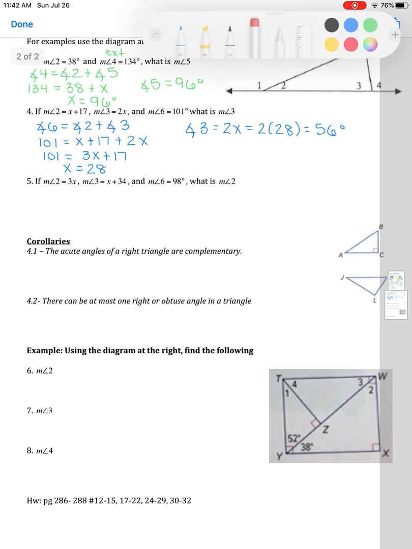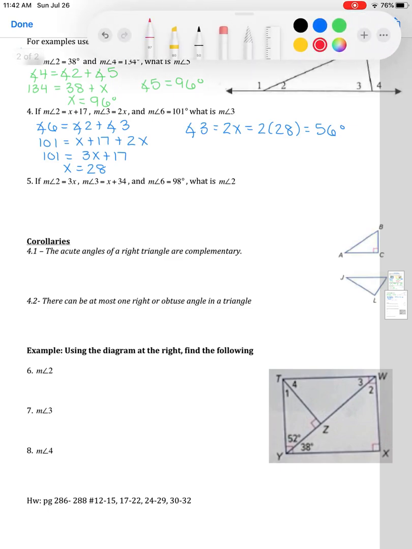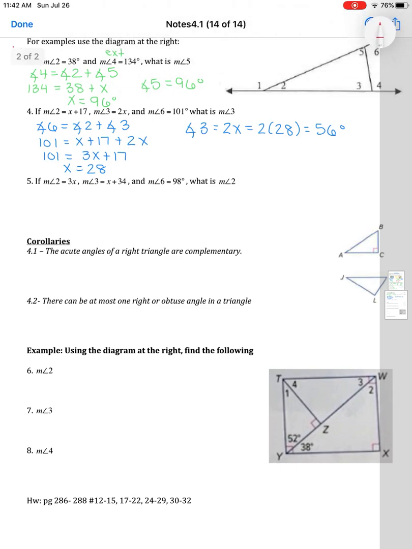So 6 is 101, 2 is x plus 17, and 3 is 2x. So 101 equals 3x plus 17. When you subtract and then solve, you get x to be equal to 28. So if we are looking for angle 3, which is equal to 2x, 2 times 28 gets us 56 degrees for that.